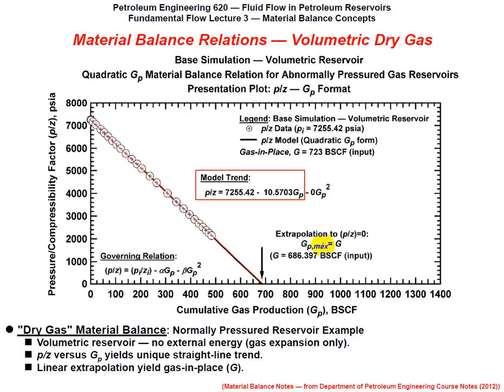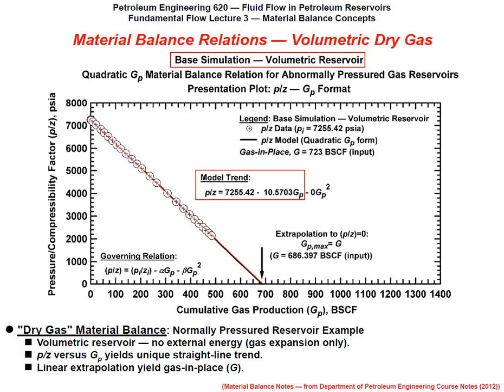It's a student thesis that I did about 10 years ago, and we explain how to derive the formulation for abnormal pressure as a gas production squared term. So if everybody's comfortable with this, this is how the simplified volumetric gas reservoir case is going to look like. This is a simulated case. It's a volumetric reservoir, and you would expect to get a straight line performance.